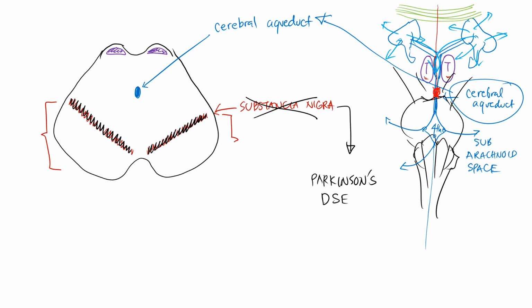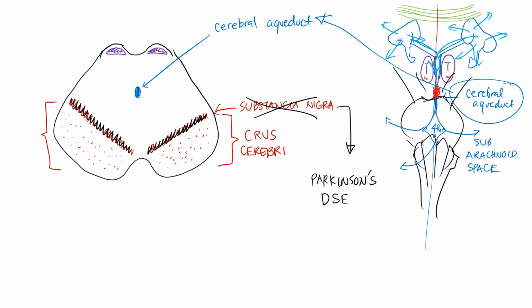anterior to your substantia nigra, that's what we call your crus cerebri. Okay? So your crus cerebri, basically, it has fibers. This is the great highway. Fibers coming from the brain, especially your primary motor cortex, going down through your corona radiata, going down through your internal capsule. This is the continuation.